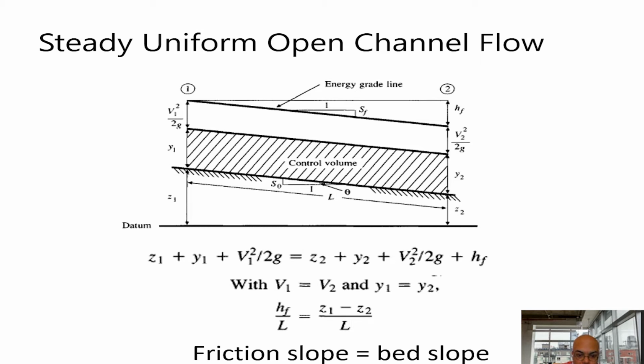This is the energy equation at section 1, that is equal to Z1. This is nothing but potential energy, because this energy is derived from its altitude. And Y1 is nothing but pressure head. Then V1 square by 2g is kinetic energy. So this is equal to Z2 plus Y2 plus V2 square by 2g plus hf.